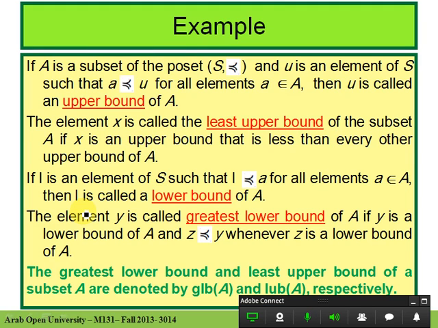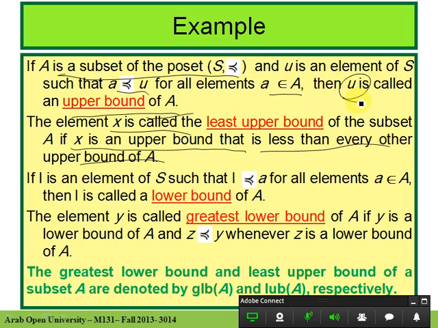Okay, the upper bound: for a set A, which is a subset of the partially ordered set S, U is an element of S such that a has a relation with U for all elements a belonging to the set A, and U is called the upper bound of A. The element X is called the least upper bound of subset A if X is an upper bound that is less than every other upper bound of A. For example, among the upper bounds you have 10, which is the least one, the least upper bound.